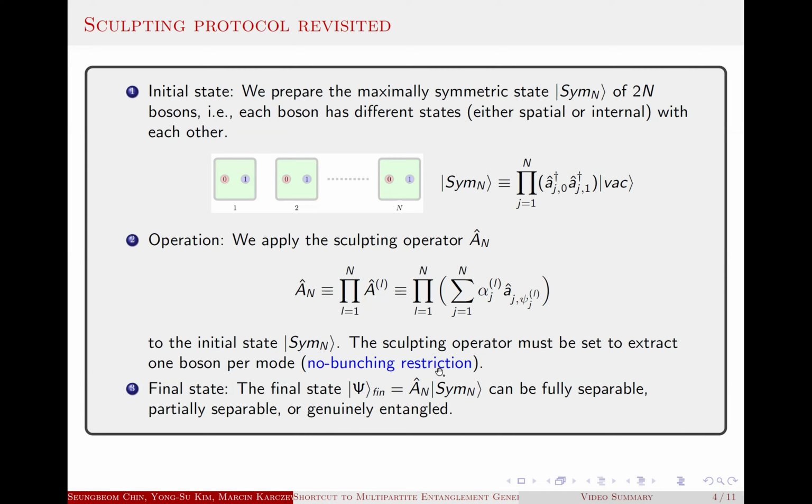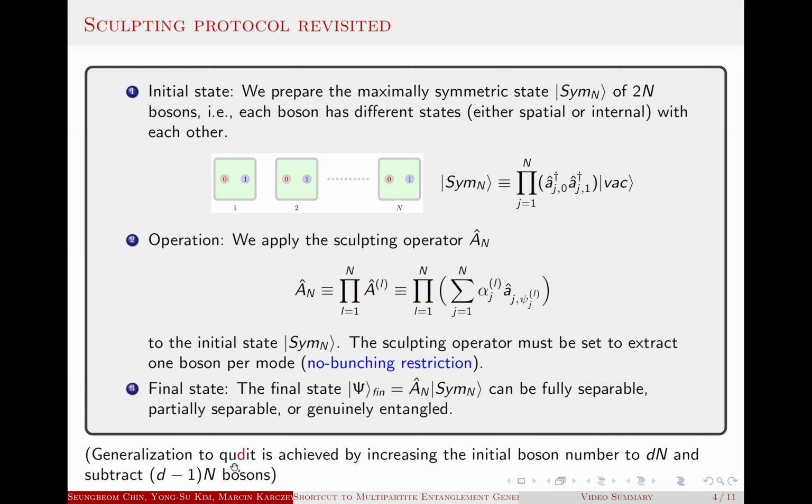We call the condition the no bunching restriction of sculpting operators. And such obtained final state can be fully separable, partially separable, or genuinely entangled. Then we analyze which type of entanglement is generated or not in the final state.